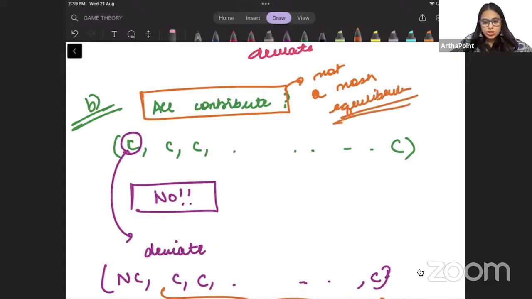You just have to check whether people have incentive to deviate or not. अगर incentive to deviate नहीं है तो Nash, और अगर है तो not Nash, right? So these are two examples I wanted to discuss related to many player Nash equilibrium.